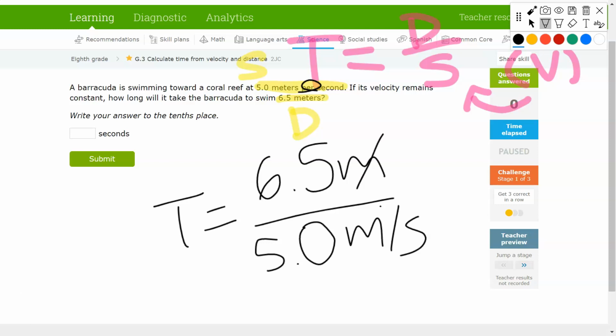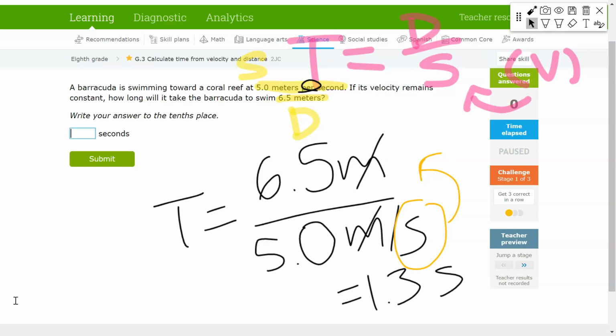The meters will cancel out. If you're dividing something and then the thing on the bottom, on the denominator, has a fraction on it, this S is actually going to flip over to the numerator afterwards, so your answer will then be in seconds. Alright, your answer would then be 1.3 meters per second, or 1.3 seconds, my bad, and then we'll just type in 1.3 right there.